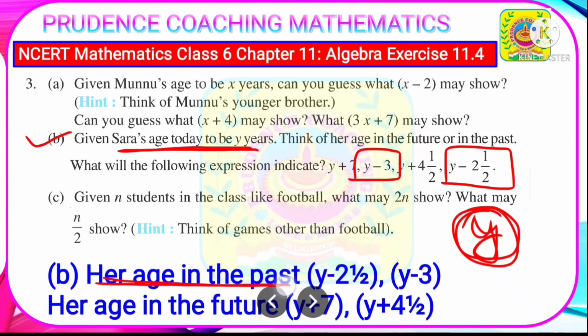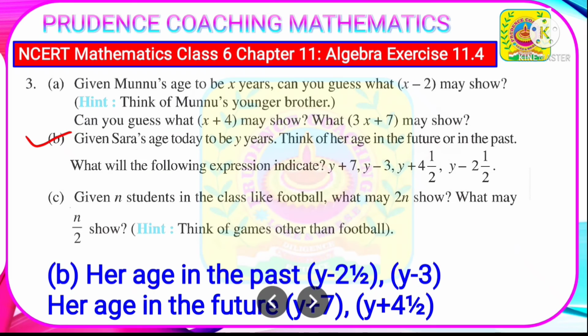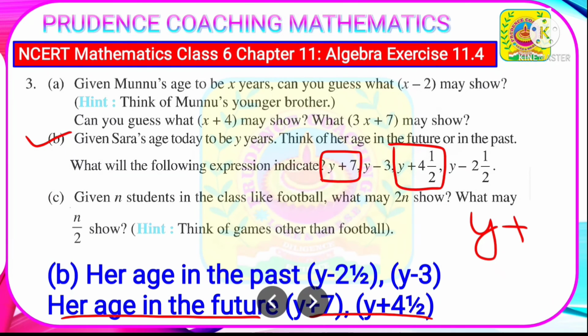So her age in the past will be these two. Now her future age will be more than her present age, Y plus something. As you can see, this one is Y plus 7 and this one is Y plus 4.5. So these two will represent her age in the future.